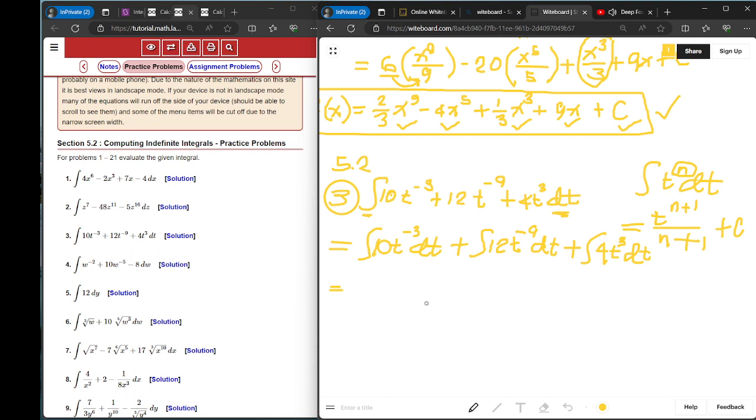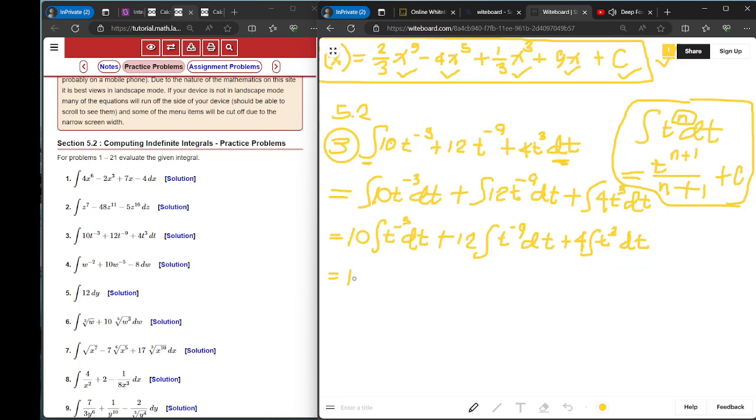Then move out the constants, so that will be 10 times the integral of t to the negative 3 dt plus 12 times the integral of t to the negative 9 dt plus 4 times the integral of t cubed dt. Proceed using this property, right? This property.